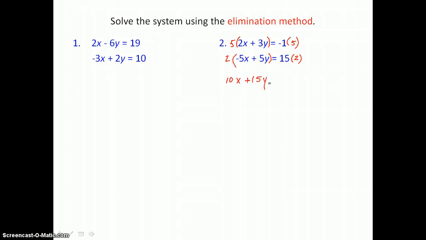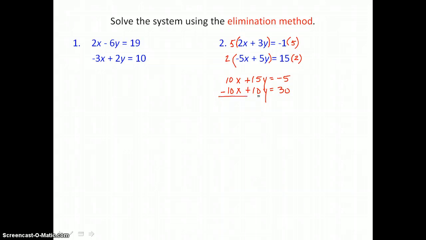And on the right-hand side, negative 1 times 5 is negative 5. Now distributing through the second equation, 2 times negative 5x is negative 10x. And 2 times 5y is 10y. 2 times 15 on the right is 30.